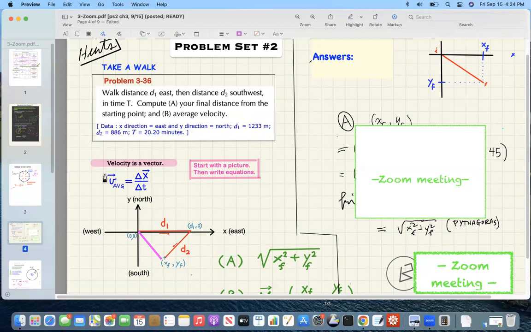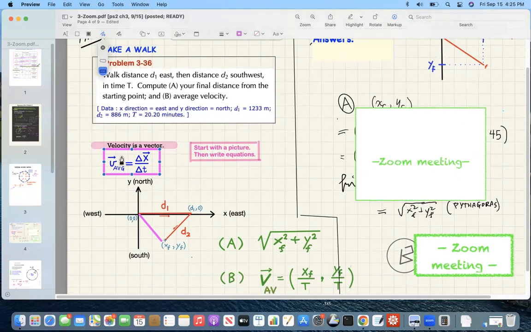Well, average velocity, we discussed average velocity last semester. It's the change in the position divided by the change in time. Now, the change in time is the time t that you were walking. So the average velocity will be the change in x. X is a vector, so it'll have two components. And then you divide by the time t that you were walking.